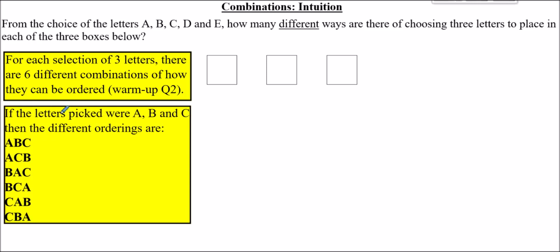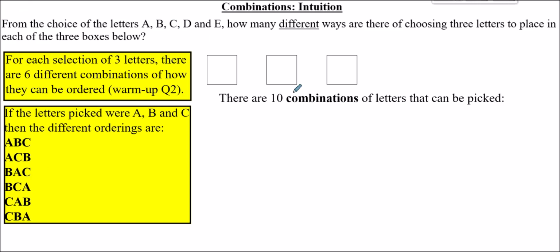So if the letters picked were A, B and C, these would be the different orderings, so 6 different orderings. But like I've said, how many ways of picking 3 of these letters of a total possible 5 are there? Well, there's actually 10 combinations of 3 letters that can be picked.